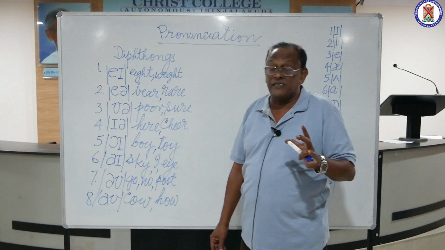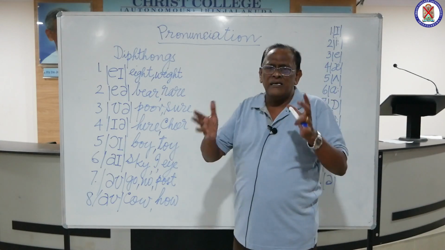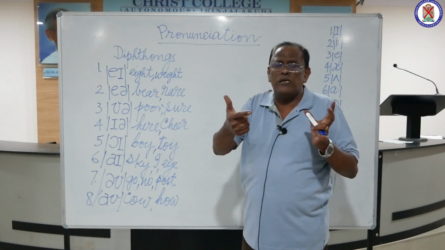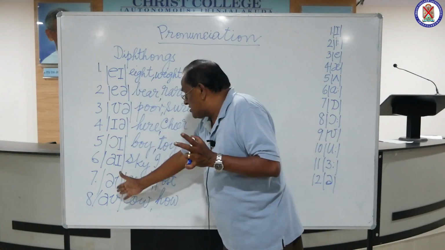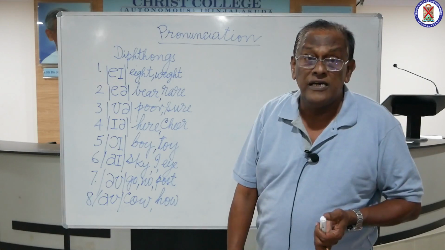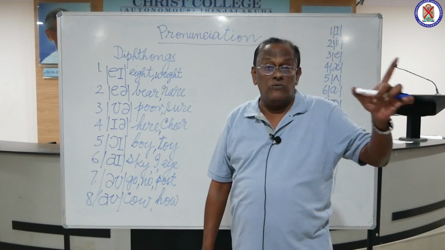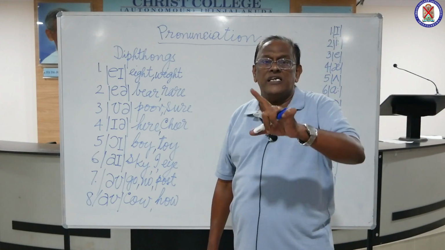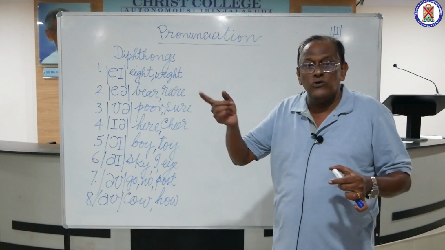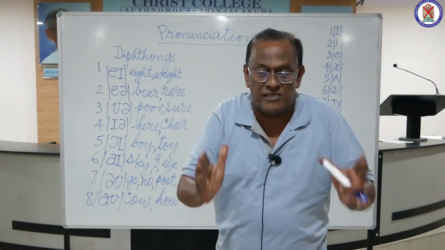and standard dictionaries will give you the same. But there may be some printing difficulties, and so some of the shapes will be different, but almost the same thing you can see in any standard dictionary. If you want to look at the pronunciation of a particular word, after the word is given, you always see the transcription part of it. Writing a word using phonemic symbols is known as transcription.